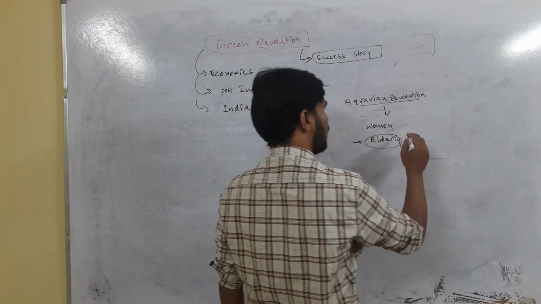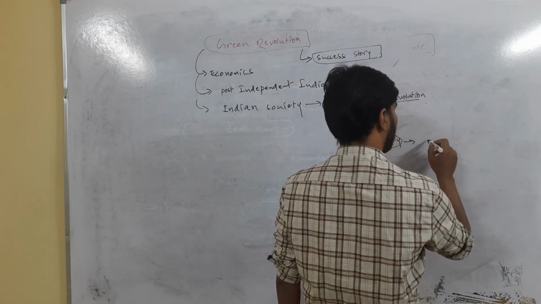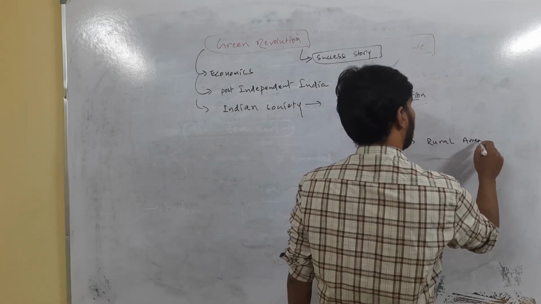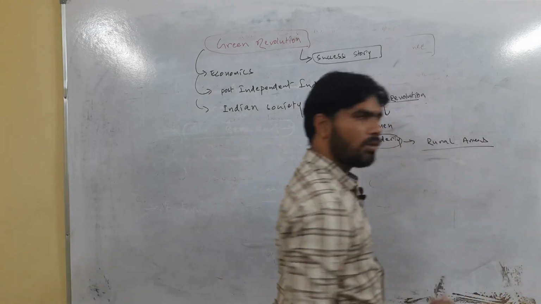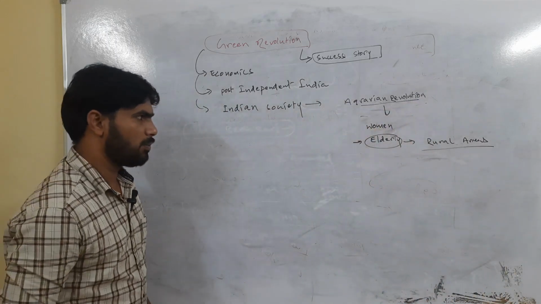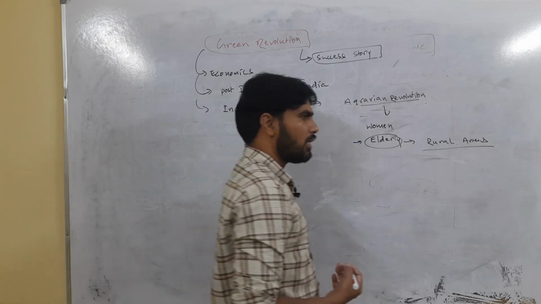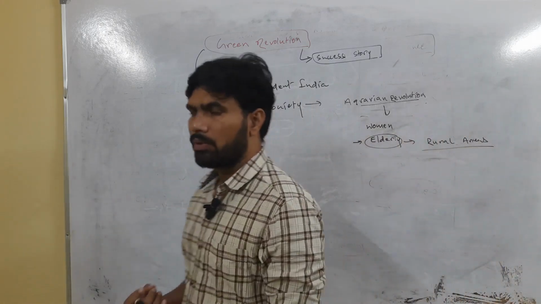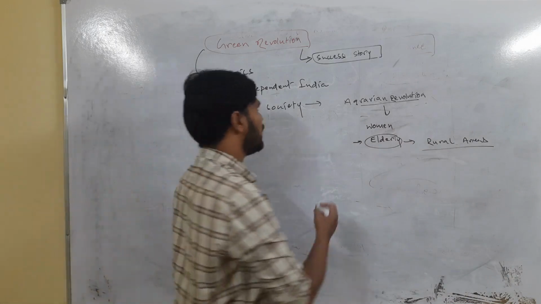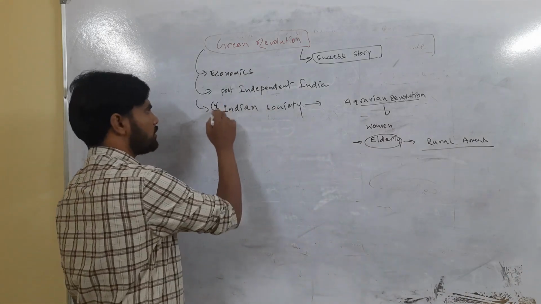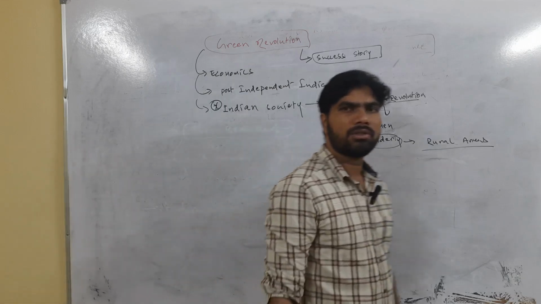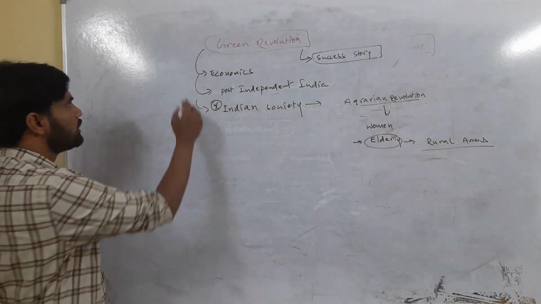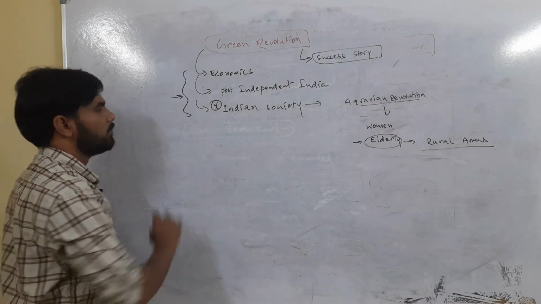More than the elderly, we have to study this one: what is its impact in rural areas? With respect to upper classes and lower classes, which sections of the people have developed because of the Green Revolution, and which sections could not develop. All these things you will study when you study Indian society and the impact of the Green Revolution on Indian society. So for these three areas, the topic is very important.